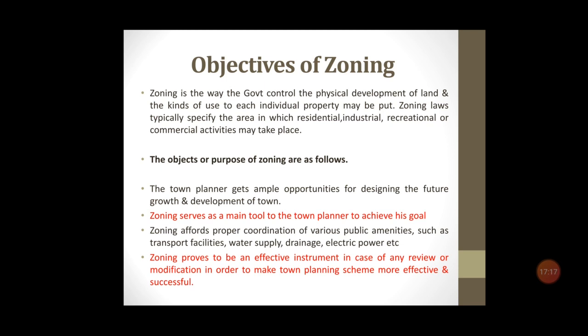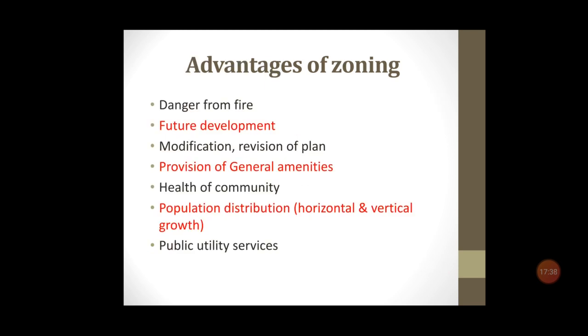Zoning affords proper coordination of various public amenities such as transport facilities, water supply, drainage, electric power, etc. Zoning proves to be an effective instrument in case of any review or modification, in order to make the town planning scheme more effective and successful.